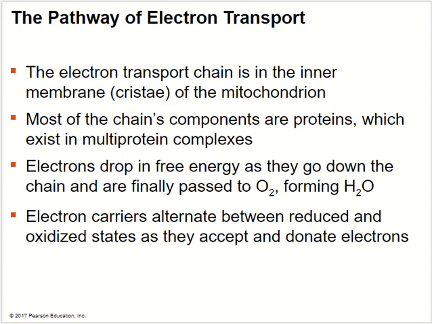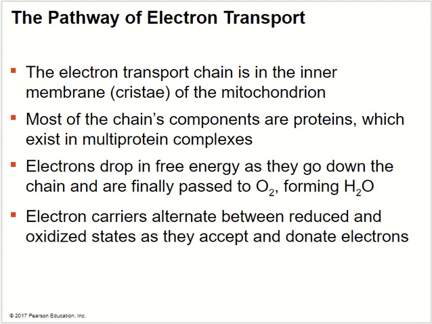Most of the chain's components are proteins, which exist in multi-protein complexes. Electrons drop in free energy as they go down the chain and are finally passed to dioxygen, which combines with protons or hydrogen ions to form water.